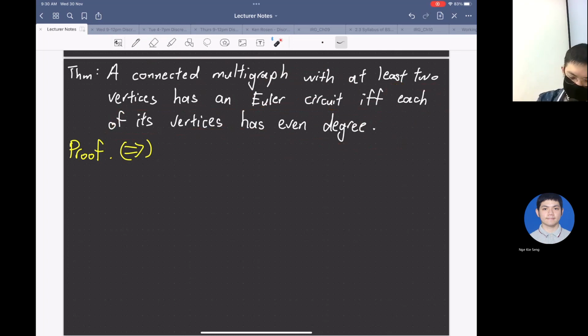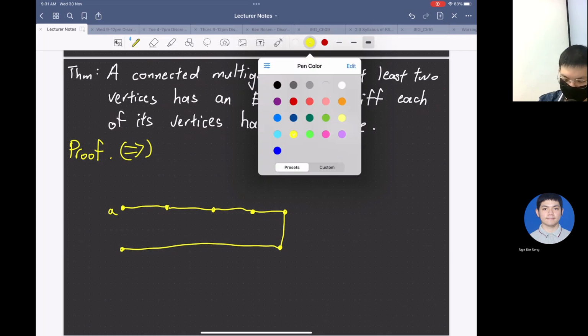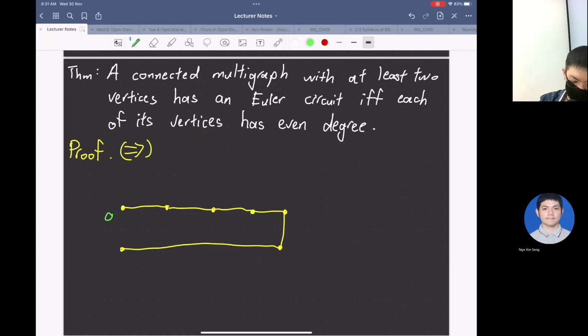Okay. So instead of writing down, maybe I just draw the diagram while explaining. Suppose you got an Euler circuit, right? Maybe you start with A, step by step. You start from A, then your degree here is +1, because you've got one arrow going out.